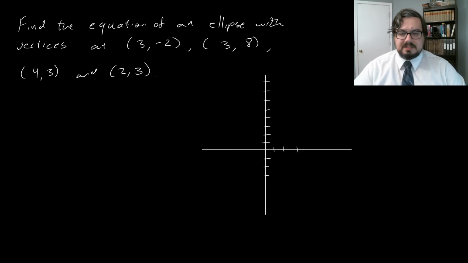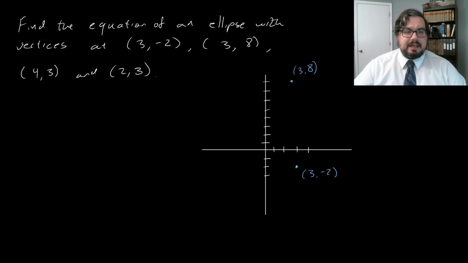So we have vertices at 3 comma -2, 3 comma 8, and we have 4 comma 3, and we have 2 comma 3.